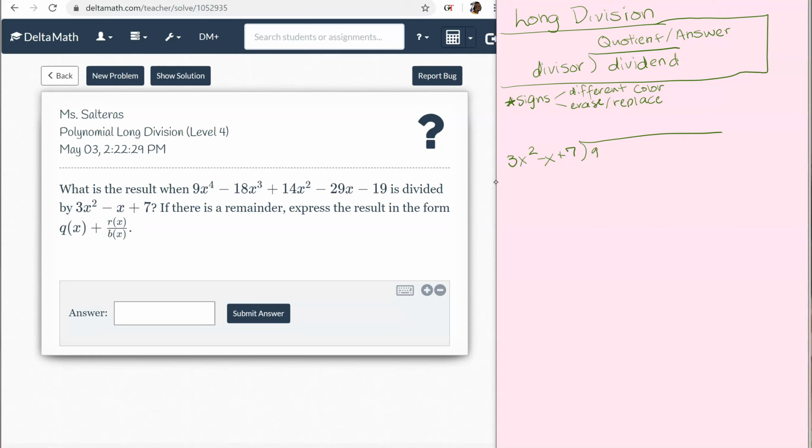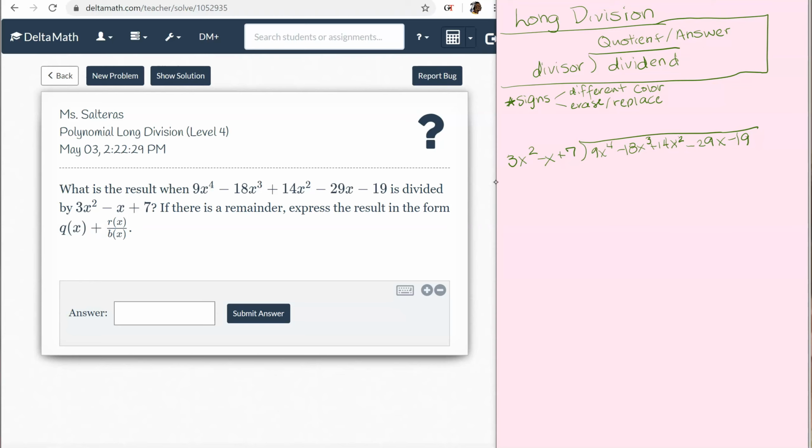So that is the 9x to the 4th minus 18x to the 3rd plus 14x squared minus 29x minus 19. Whew. All right, and then really what we're looking for, the answer, is what we call the quotient, and that's why you'll notice that a lot of this will tell you it's q of x because it's your quotient. You're looking for the quotient or the answer.